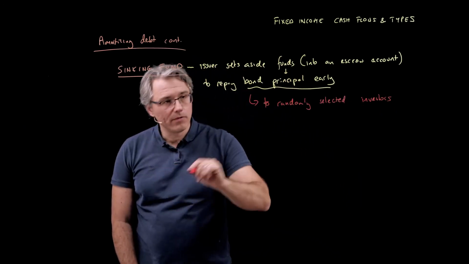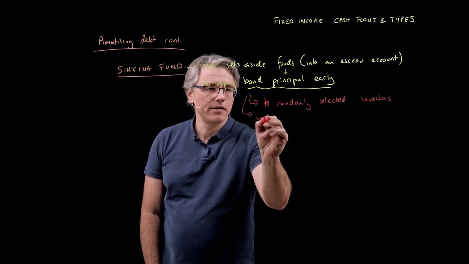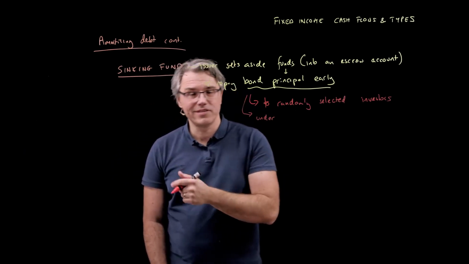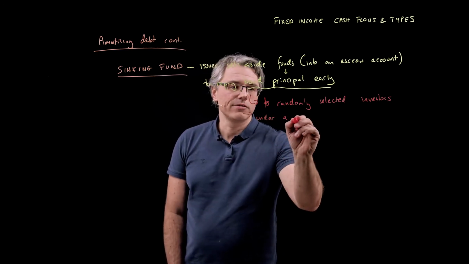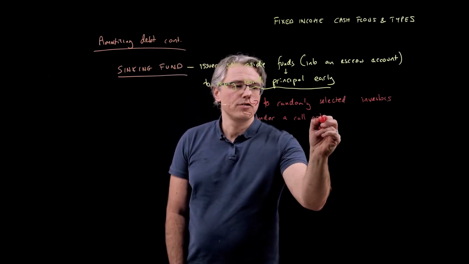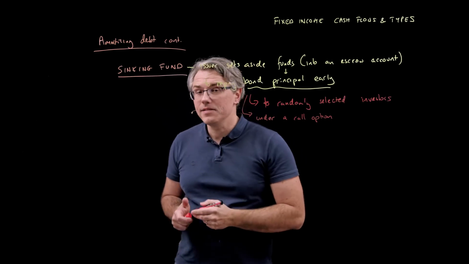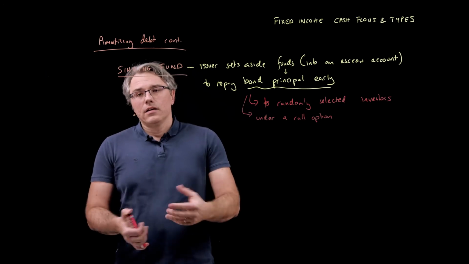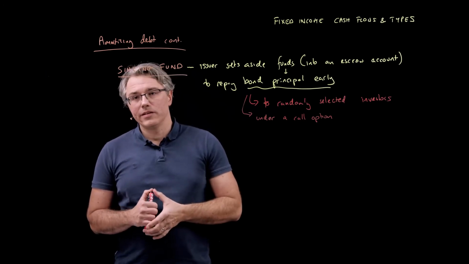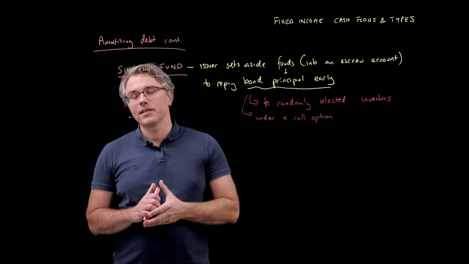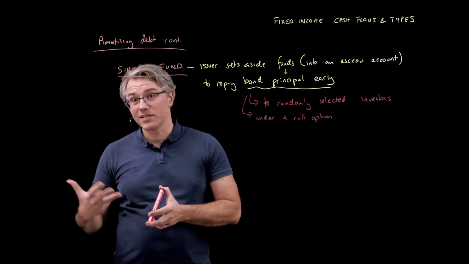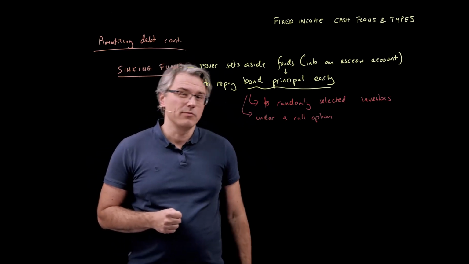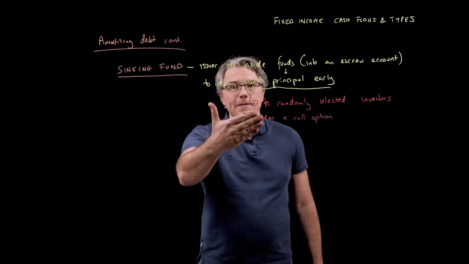Or another way is to do this under a specific sort of contingent provision called a call option, which we'll discuss in a moment. Under a call option, which basically means that the issuer can repurchase the bonds from the holders at a specific pre-agreed fixed price, typically close to the principal value.